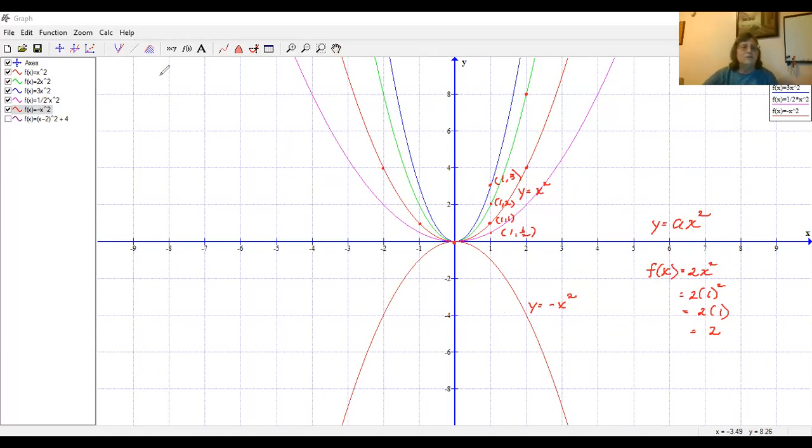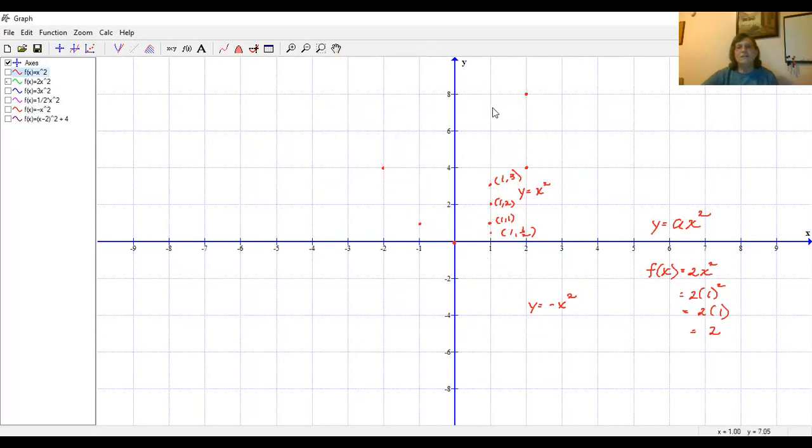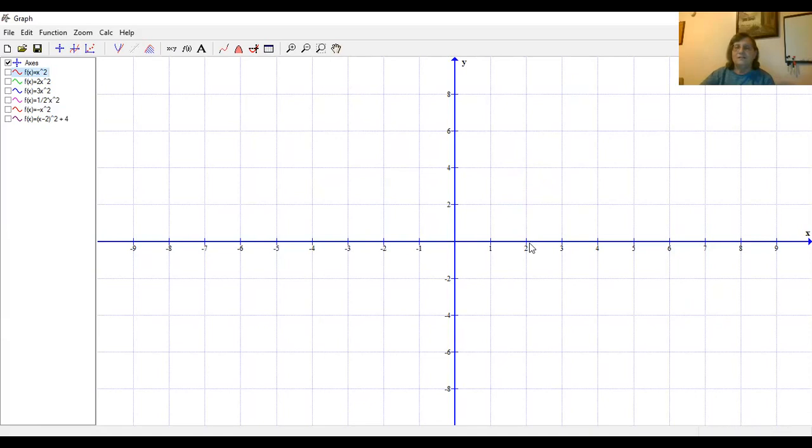Now let's take a look at what other transformations there are. Well, we took care of reflections and stretching and shrinking. Let's look at other translations. For instance, let's look at the graph of y equals x minus 2 squared plus 4. So here is our y equals x squared.